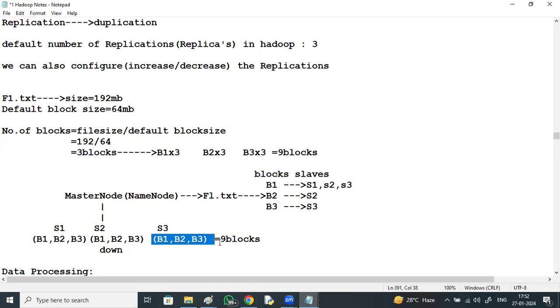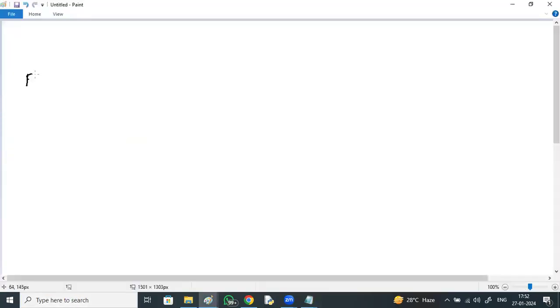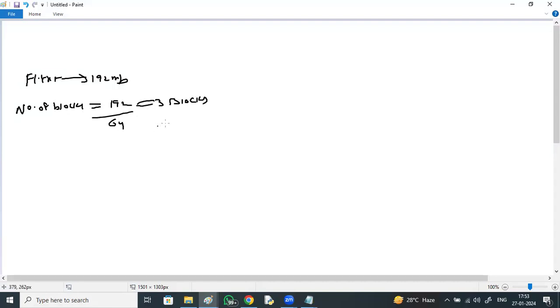Talking about replication and fault tolerance: f1.txt is 192 MB, the number of blocks is 192 by 64, 3 blocks, B1, B2, B3. Each is replicated or duplicated 3 times, totally 9 blocks, right?